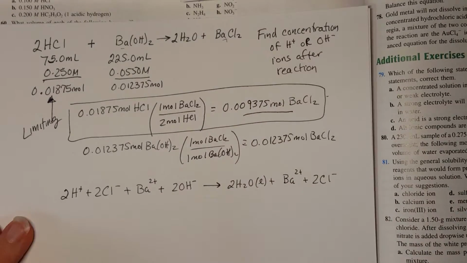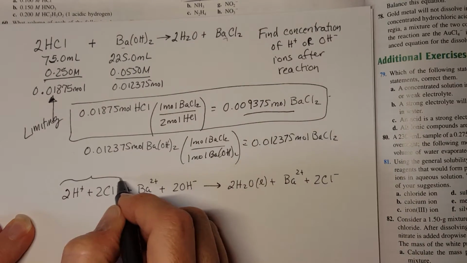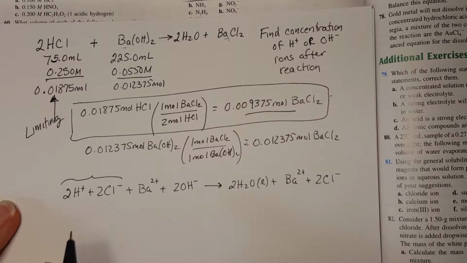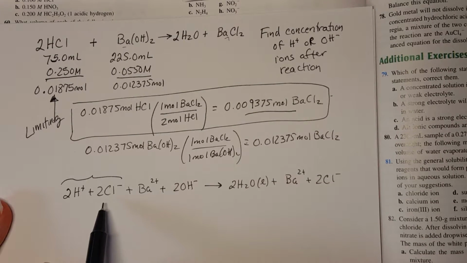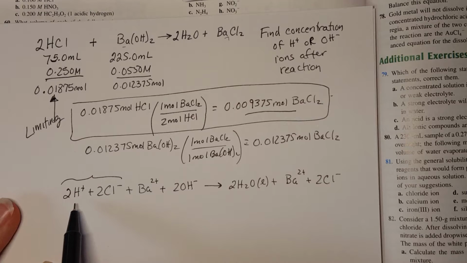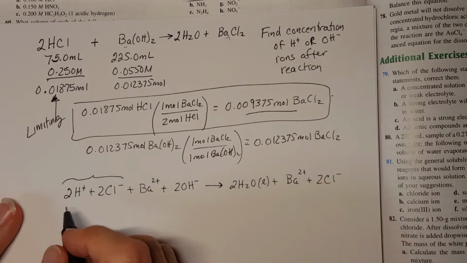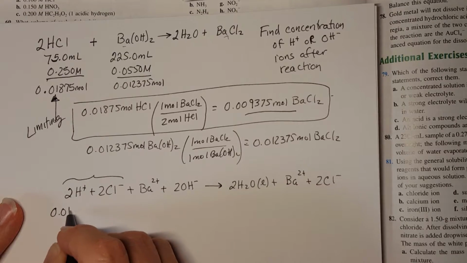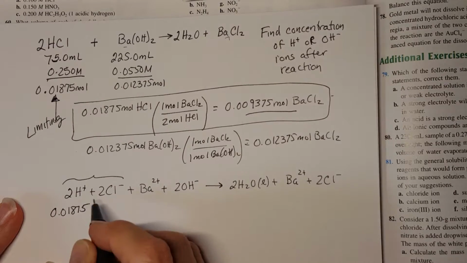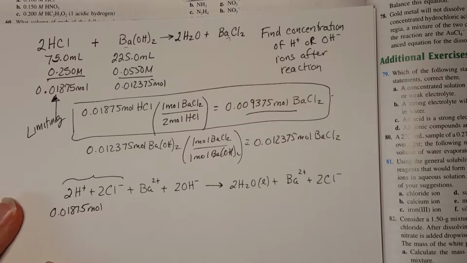The H+ is the limiting reactant. That means whatever amount I had of the H+, I'm going to run out of those. So I started with 0.01875 moles of H+, and I'm going to use them all up.